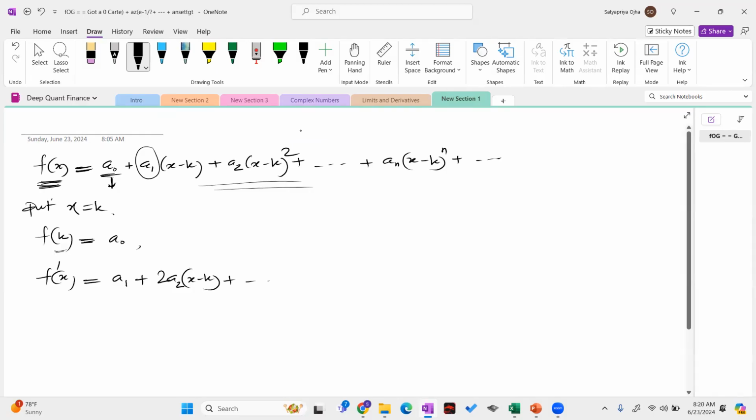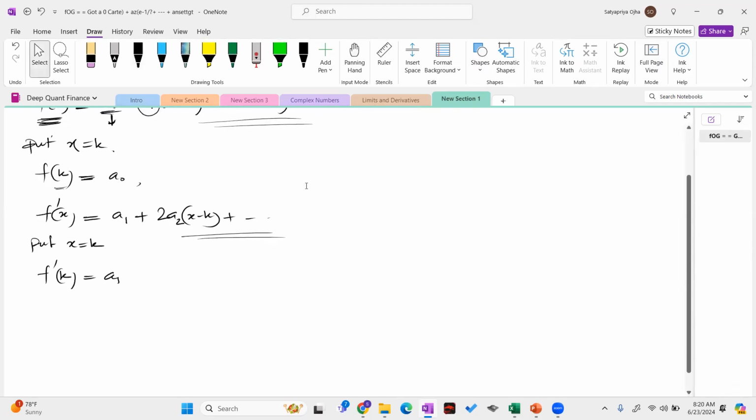And then what do you do? Again, put x equal to k. So we get derivative of the function at x equal to k, f dash k is equal to a1. All other terms will vanish because x equal to k. Make sense? Any questions?